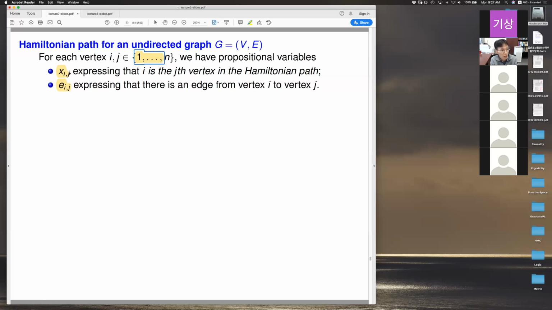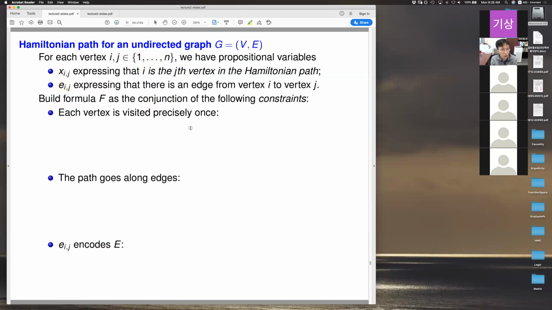So x_ij is true if vertex i is visited at the jth time, that is, vertex i in the Hamiltonian path is visited at the jth time. Okay. So we want to set up a constraint so that if there exists a Hamiltonian path, then we can set x_ij and e_ij in the correct way. If there isn't, then we can't really do this.